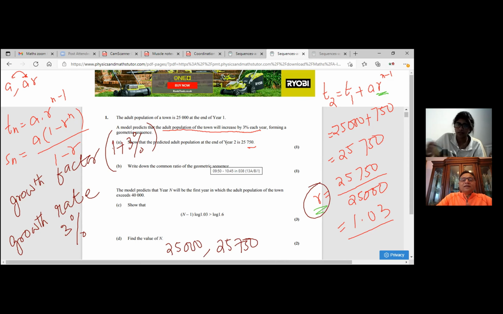You get the idea of both things now. When you see factor, it's something that you're multiplying by. But if it's a rate, it can be a percentage. Rate is the rate at which it is growing. The growth rate is 3%. So it's a very important question from an application point of view.